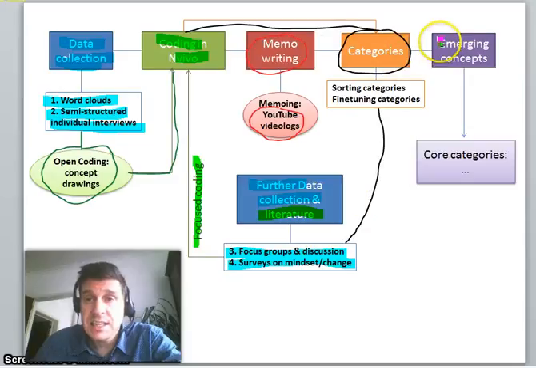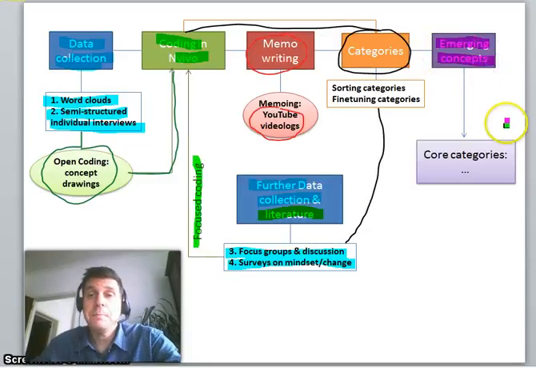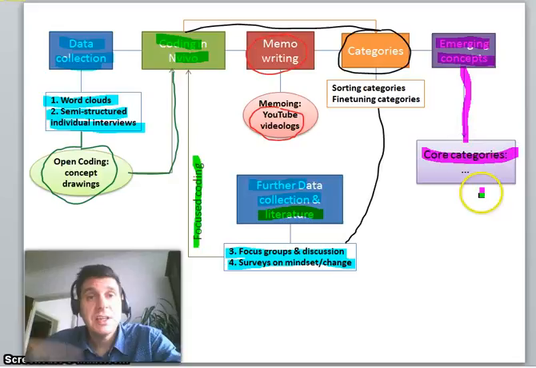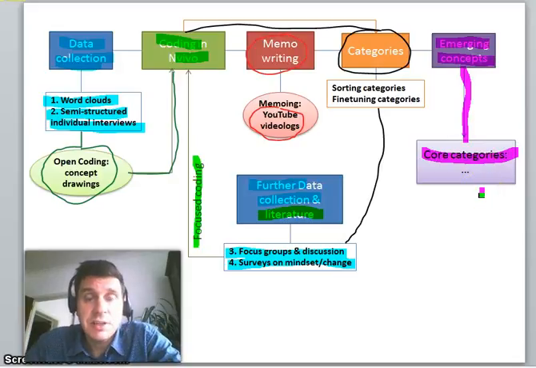Eventually, this has led to emerging concepts of my research, which led to the core categories, which you can find further on in my research blog, in my dissertation blog, in the section Findings.